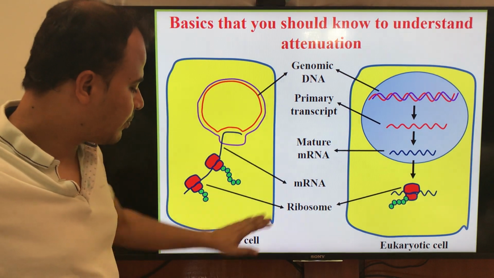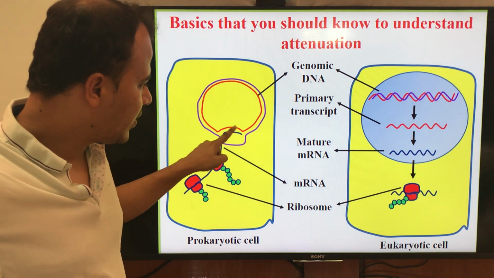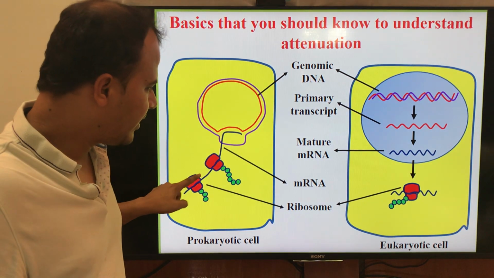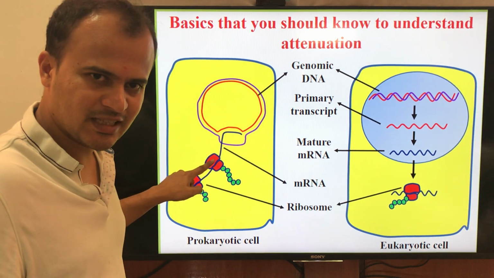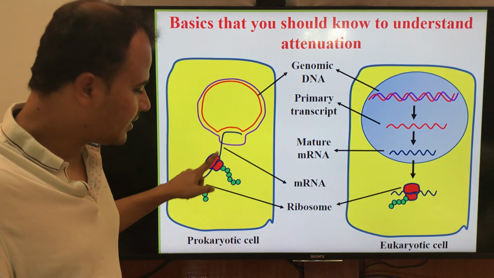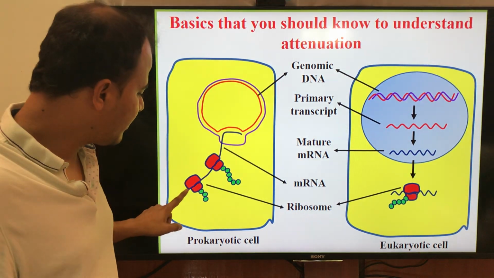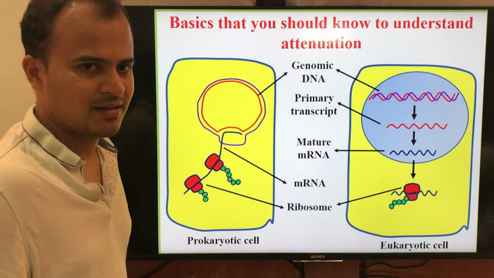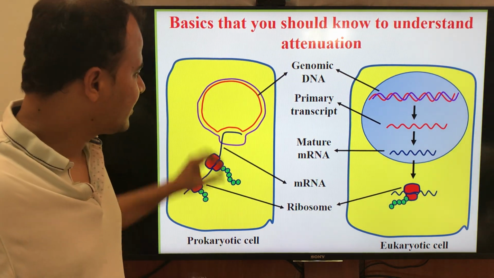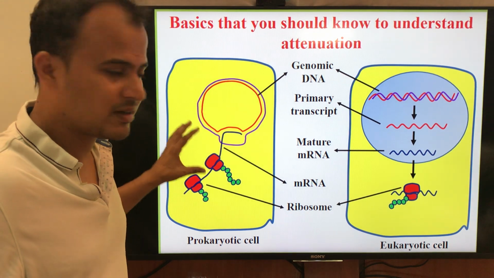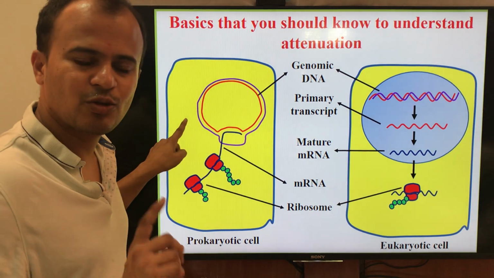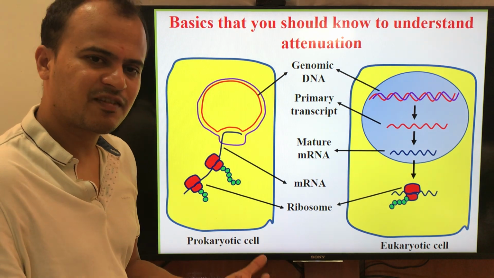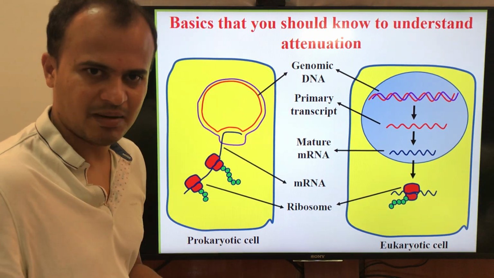In the case of prokaryotes, when there is a transcription going on, the RNA hangs out from the transcription bubble and immediately the RNA is recognized by the ribosomes and they begin to translate. This is possible because there is no compartmentalization. Compartmentalization means there is no nucleus in the prokaryotic cell. Therefore, the sites of transcription and translation are the same.